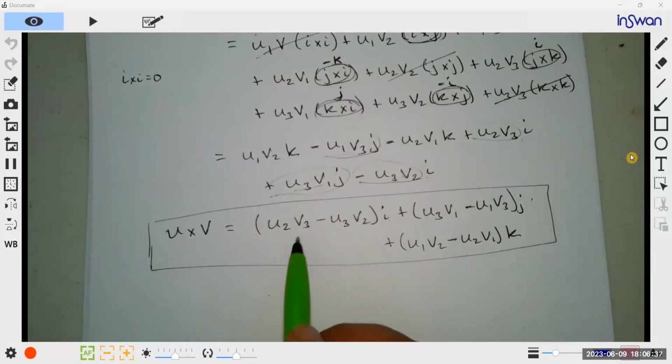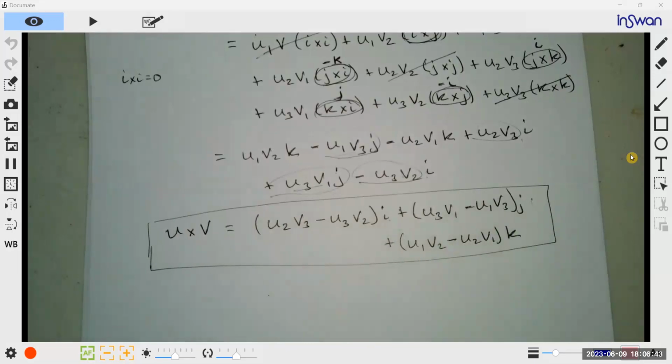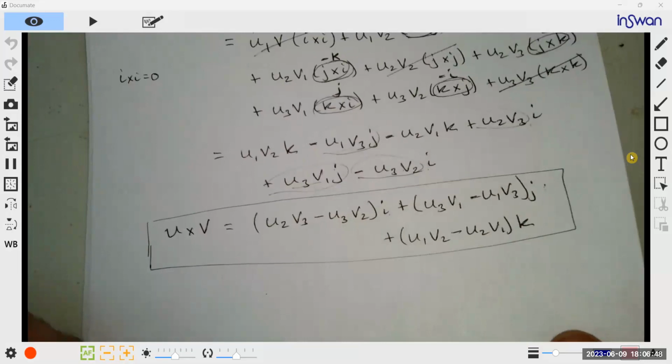If you have the components, you can multiply the U2 times V3 and then subtract, and then that'll be your coefficient for the I component. You can do it that way. That's one way of doing it.